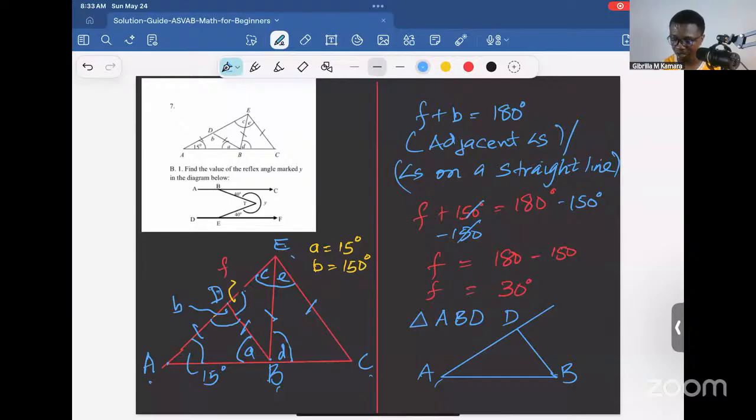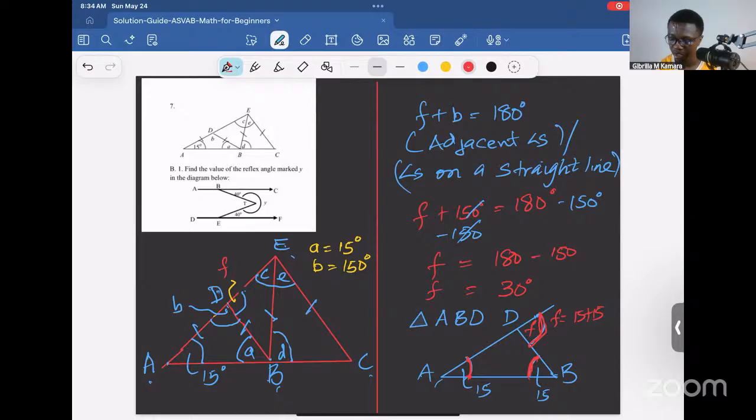Now, if you look at this, you have this as 15, then this again as 15. If you need this angle here, which is F according to the original diagram, this F is just equals to 15 plus 15. Okay? And that rule is that one exterior angle in a triangle, this is an exterior angle here, is equals to the sum of the two opposite interior angles.